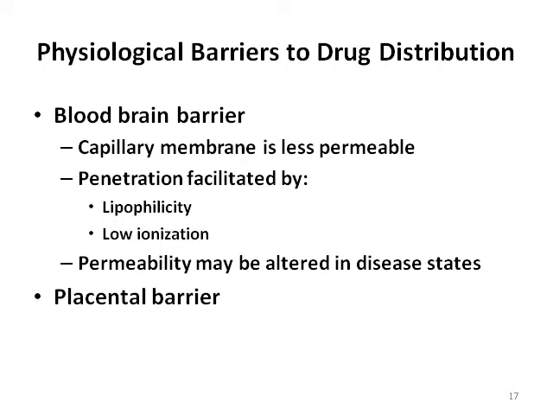Another barrier we have to be aware of is the placenta. Again, most of the drugs you will prescribe will cross the placenta. It's always a concern. One other thing to keep in mind is that these drugs may also enter mother's milk, and therefore infants may be exposed to drugs that the mother is taking by nursing.